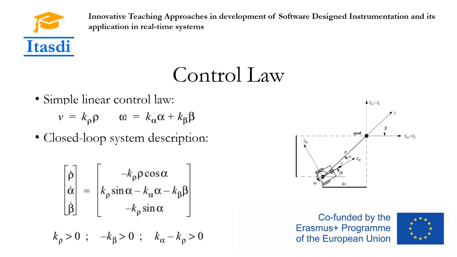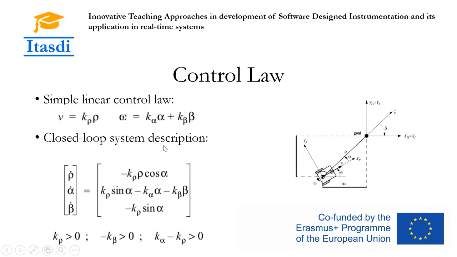It can be shown that a linear control law like this will drive your robot to your goal position. So the linear speed of the robot is k rho multiplied by rho, and the angular speed is given by the formula here.